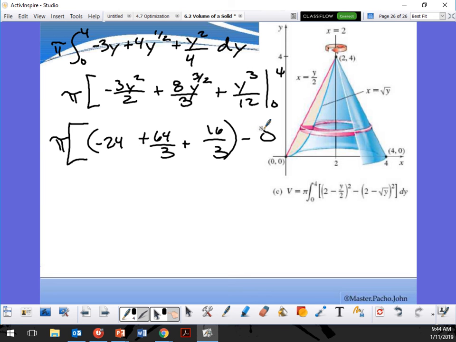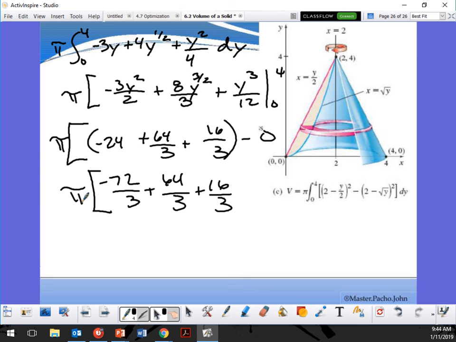So that's negative 72 over 3 plus 64 over 3 plus 16 over 3, which is 8 over 3. So it's going to be 8 pi over 3 units cubed.